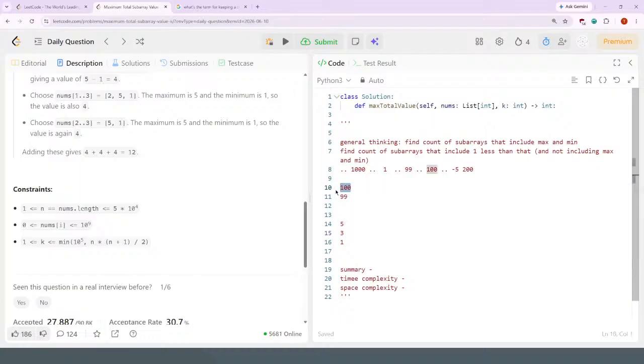So maybe when I'm done with a particular combination, I try one less than that. Maybe a heap. If only I knew how to process this.